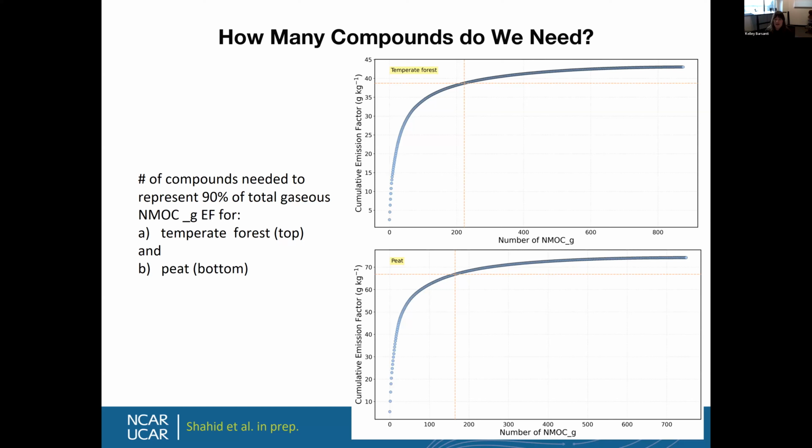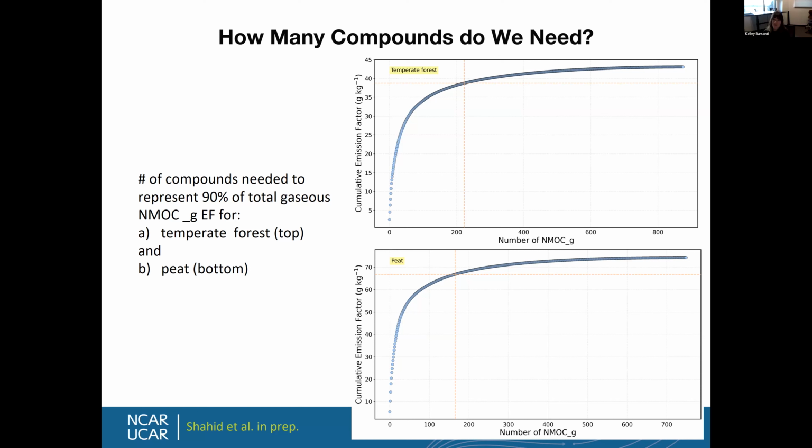To start, we do need some measurements of these compounds across different ecosystems. We have that for a lot of ecosystems, but we need them for others. Then it's making sure we do that mapping, and as we've started to do here, as long as we take this information and map it to the model surrogates, that's a huge step.